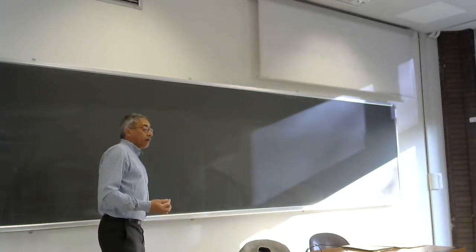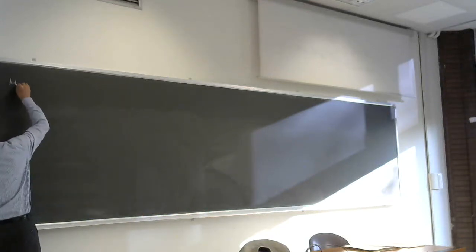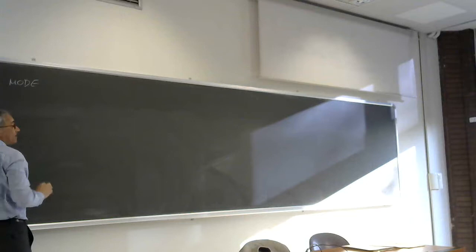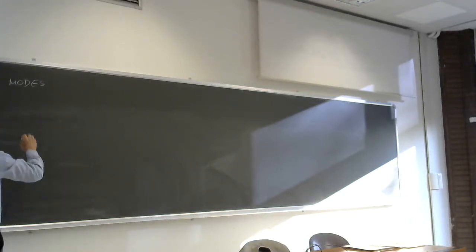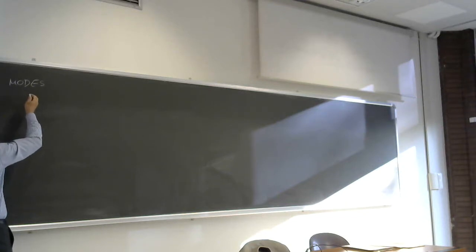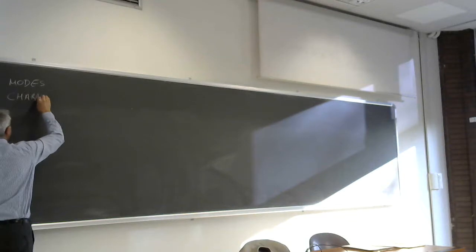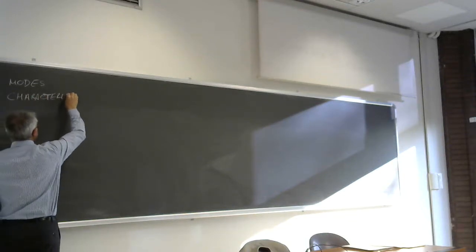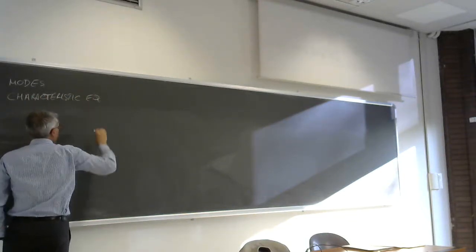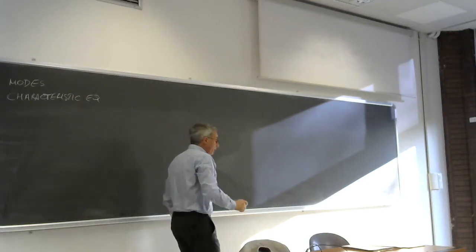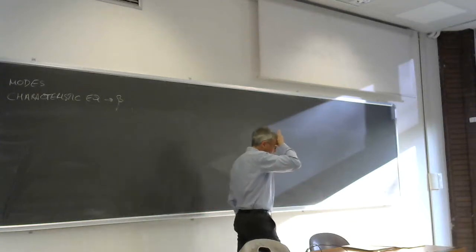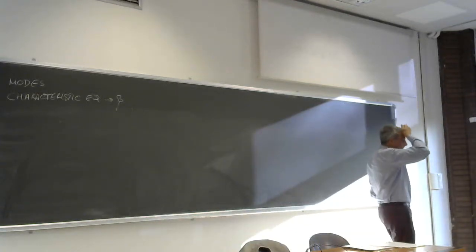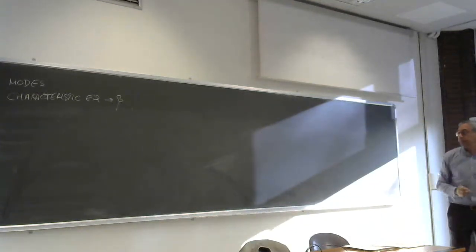We achieve a number of results, in particular the existence of modes of the waveguide, the characteristic equation, dispersion equation, and this permitted to achieve and calculate the phase propagation constant of the wave.